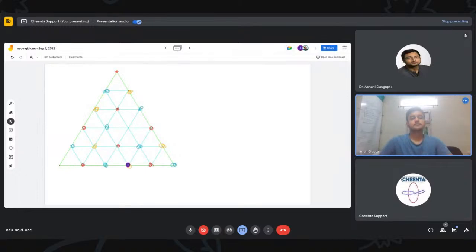Essentially, I'll define more formally how we color the vertices. If I consider this as the x-axis, this as the y-axis, and this as the z-axis, and I already mentioned how we can label every point as some triple x, y, z, where x plus y plus z is equal to n, and they are all non-negative.